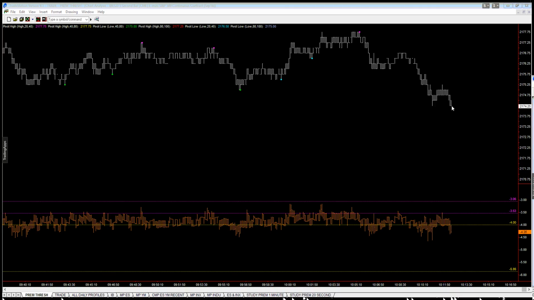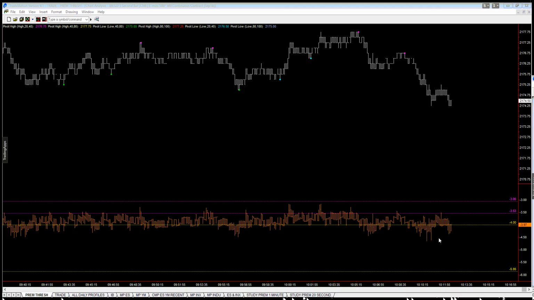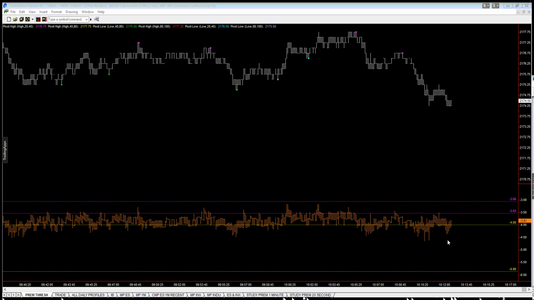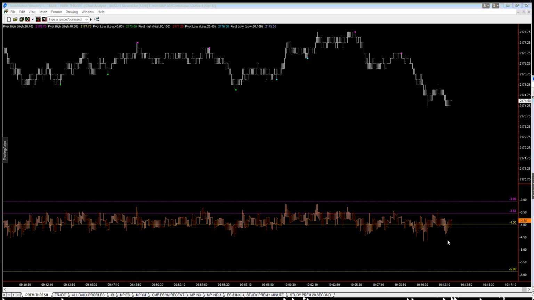Now, we have equal lows here, but we feel that the premium is still way too low for a real significant pivot to take place here. I think we're very close.